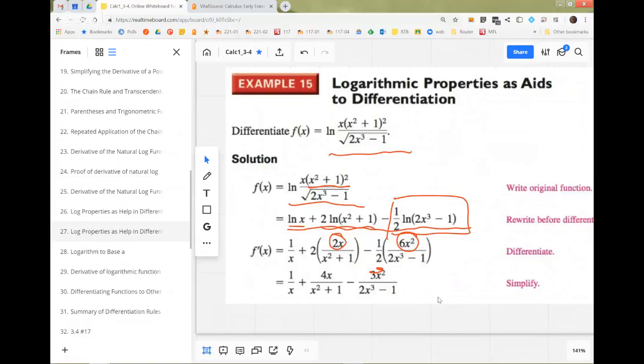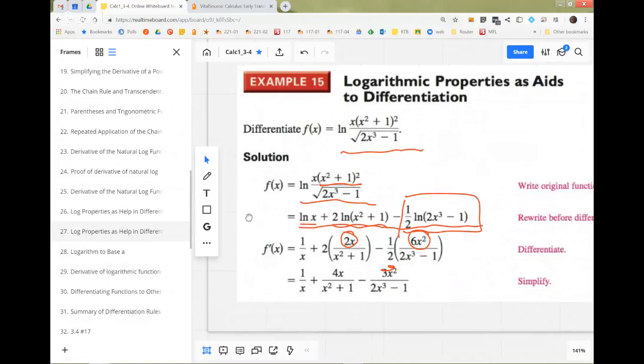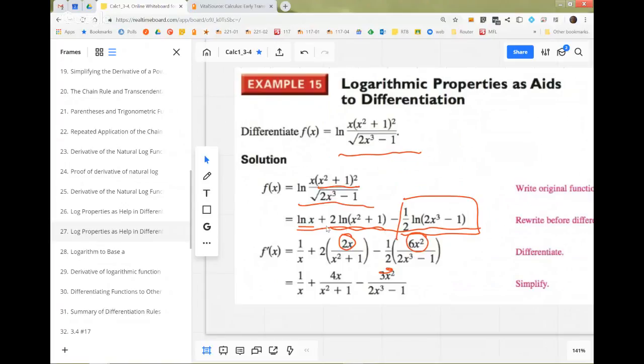So when you're taking the natural log of an expression, use your log laws to get it written in a nice addition-subtraction line like we have right here, this red equals line here. And then go ahead and do your derivative.